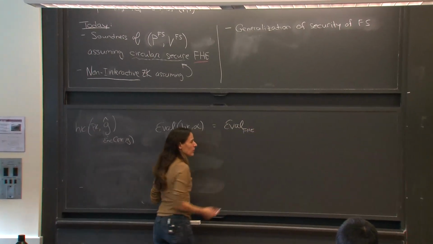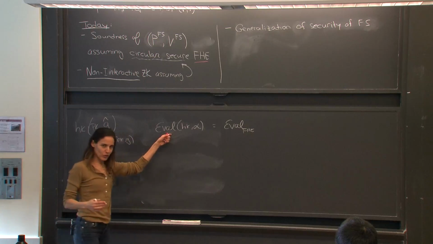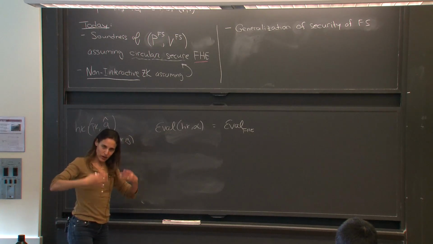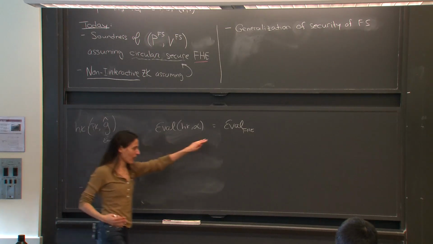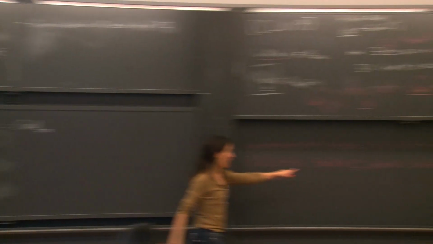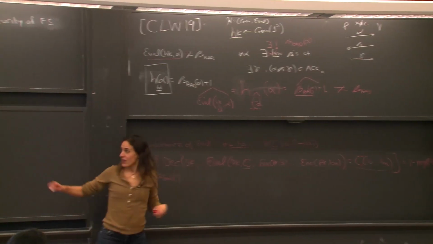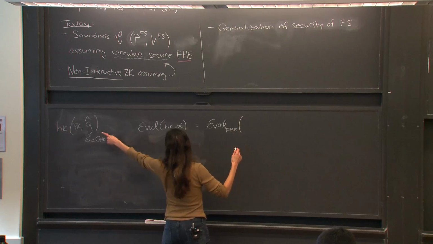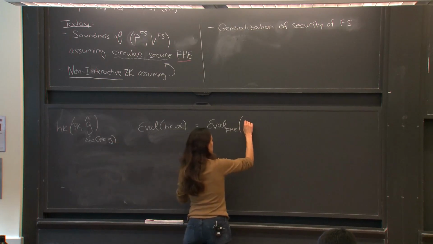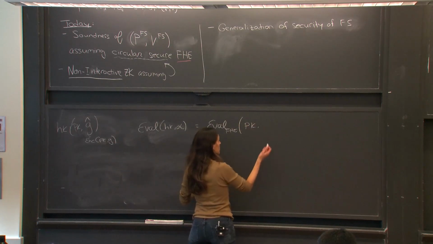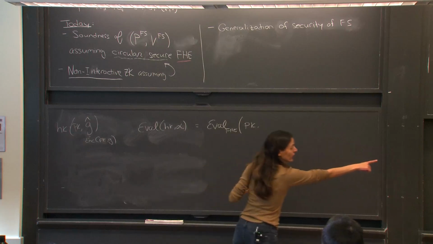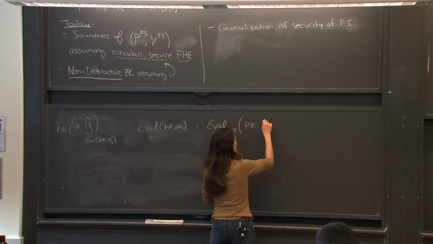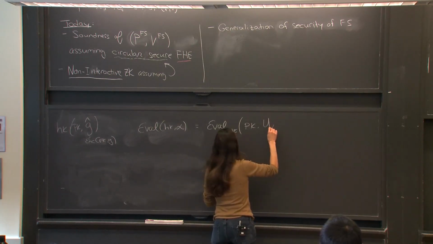There's two evals, so it's a bit confusing because we usually denote the evaluation computing the hash function by eval, but now we also have the eval of the fully homomorphic encryption scheme. So take the fully homomorphic encryption scheme, take this ciphertext G, so take the public key corresponding to the ciphertext. What's the function? What's the circuit C? It's going to be kind of a universal circuit sub alpha.